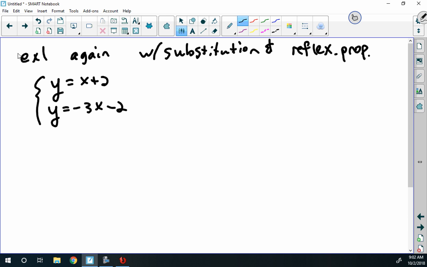The reflexive property says that A equals A, right? So that also means that B equals B, and C equals C, and D equals D, and E equals E and F equals F. Anybody picking up what I'm putting down?